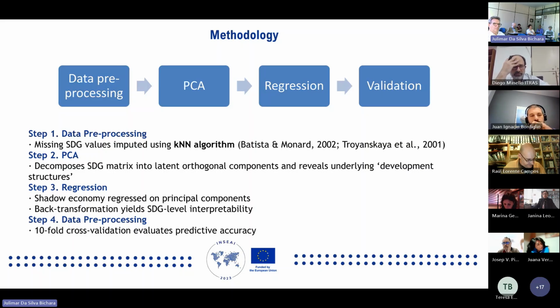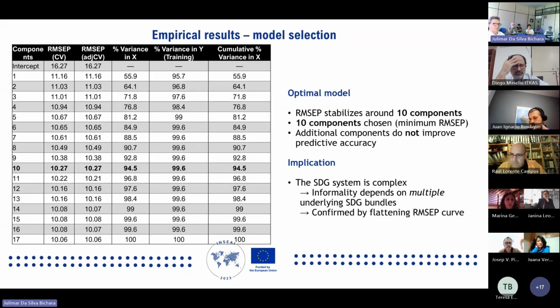Then we applied the PCA part of the PCR method. So we decomposed the SDG metrics into latent orthogonal components and revealed the underlying development structures. Then we applied the regression on the principal components, meaning that the shadow economy was regressed on the principal components. And in the fourth step, we had the validation.